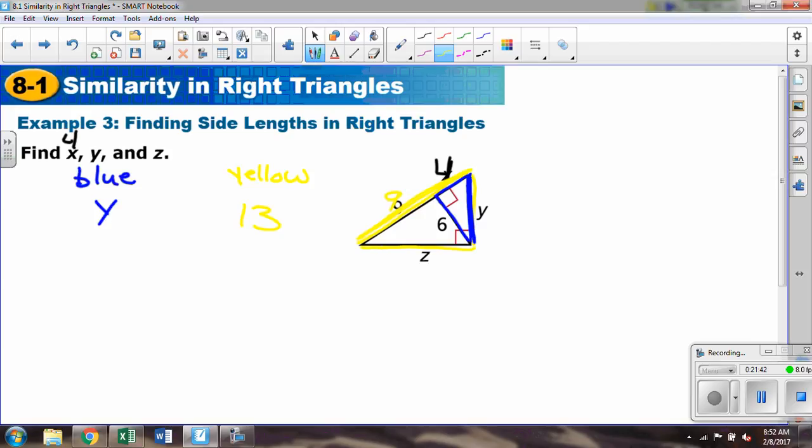Hypotenuse matches hypotenuse. And now I'm coming over and looking at that y again and saying, in my yellow triangle, y is the shorter leg. Short leg has to match short leg. So, what is the short leg in the blue triangle? That's 4. I built my proportion. Hypotenuse matches hypotenuse. Short leg matches short leg.